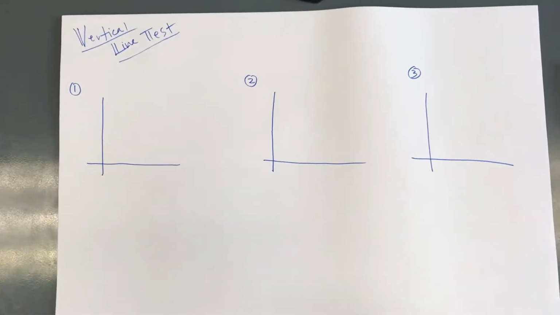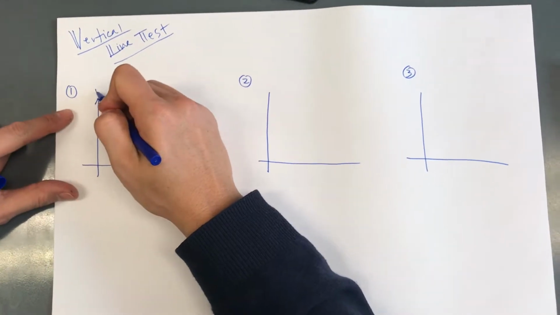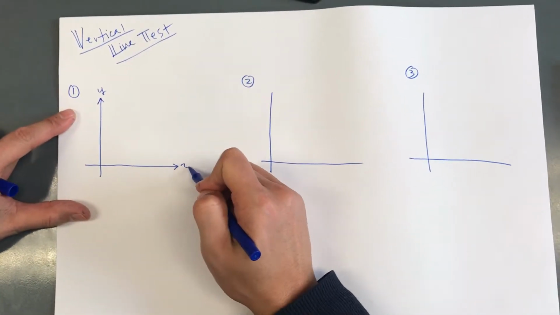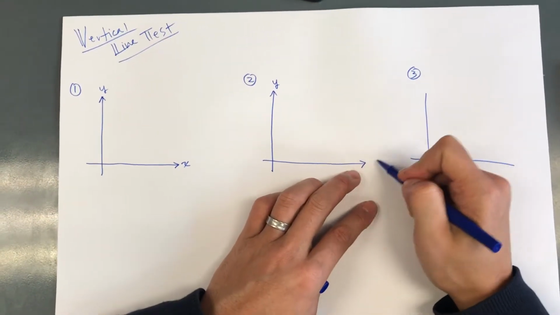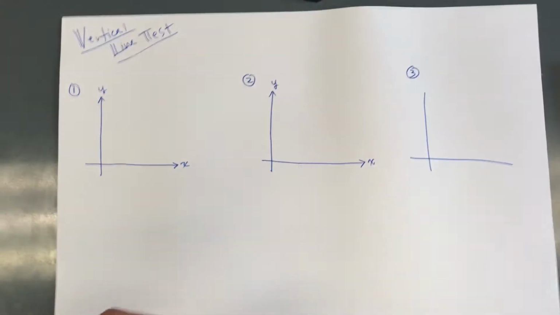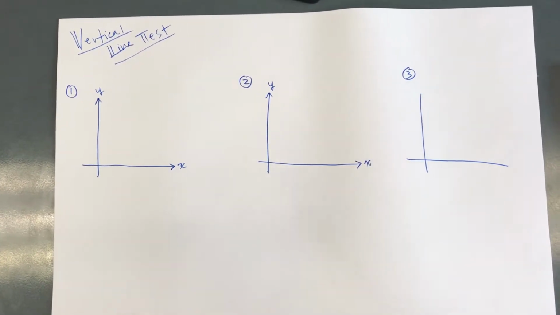Vertical line test. So let's look at the graph to see if we can define a function or not. We know that we don't call it a function if you have two or more outputs for an input.